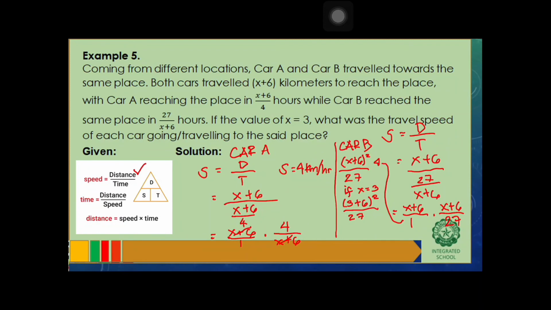If you simplify your given expression now, you will end up having the speed of car B, which is 3 kilometers per hour. So for your final answer, the travel speed of car A is 4 kilometers per hour, and for car B, it is 3 kilometers per hour.